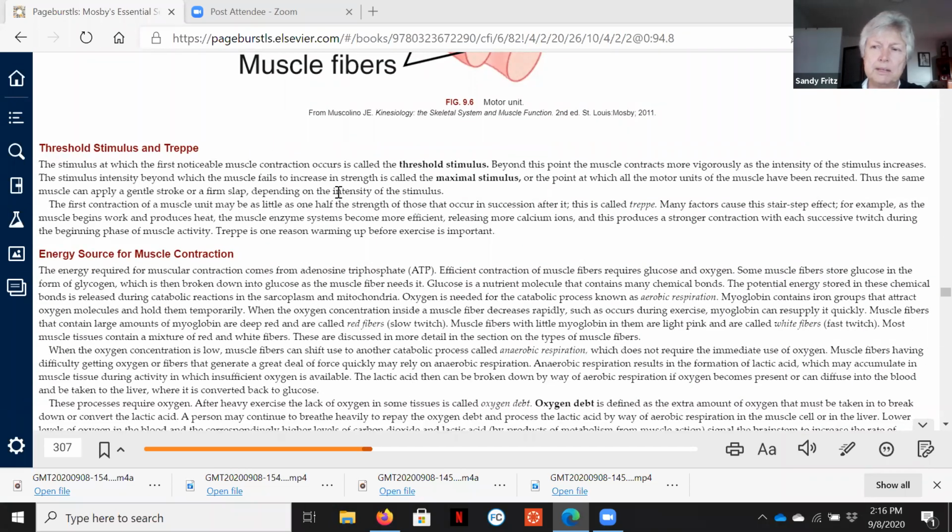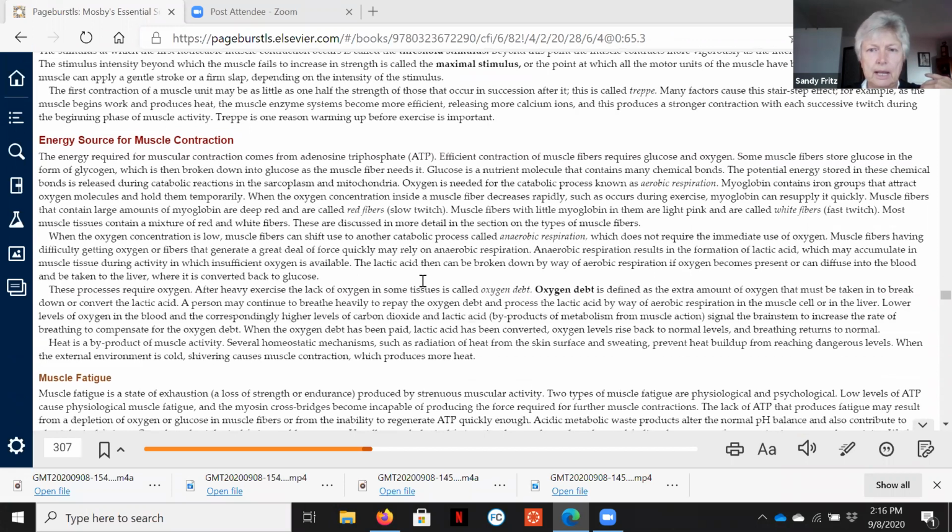So there has to be a certain level of excitement before the chemical response will occur and the pulling will start. And we have to have a fuel, ATP, in order to do that.